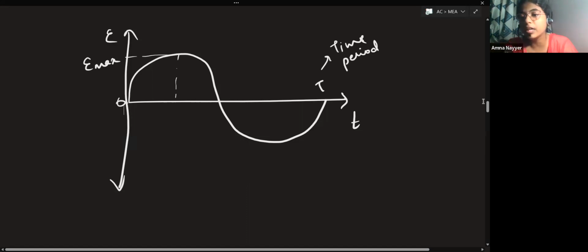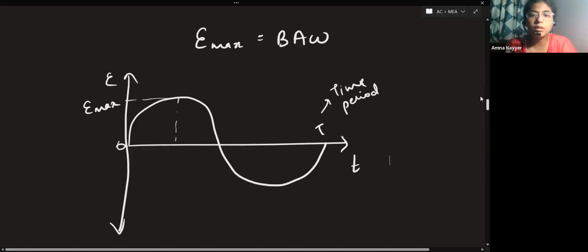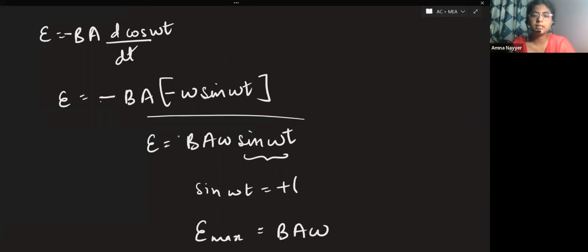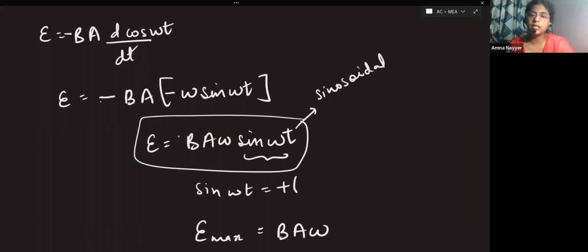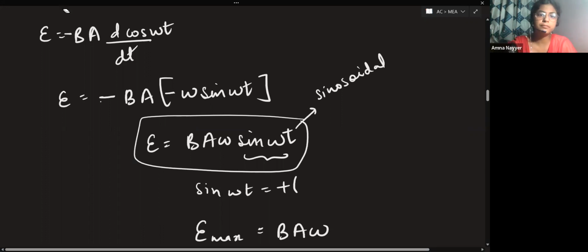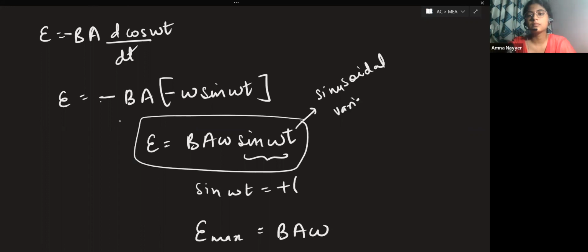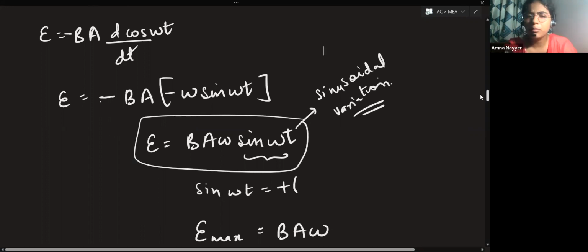And the graph is varying sinusoidally. This is known as sinusoidal variation.